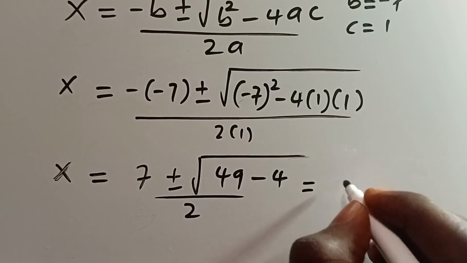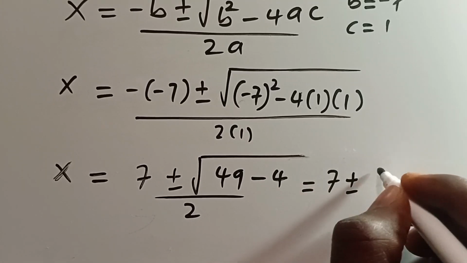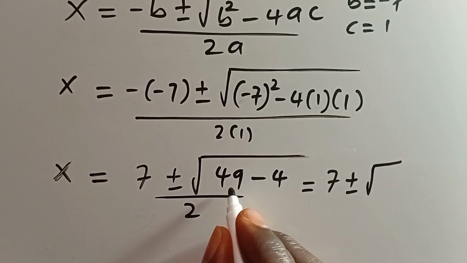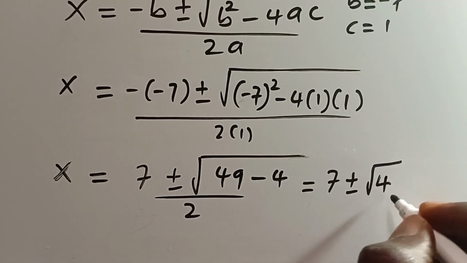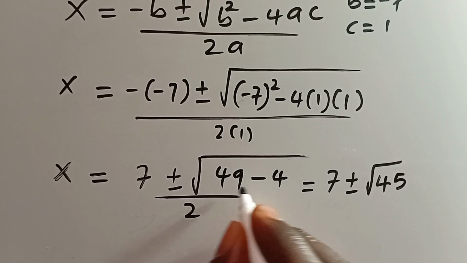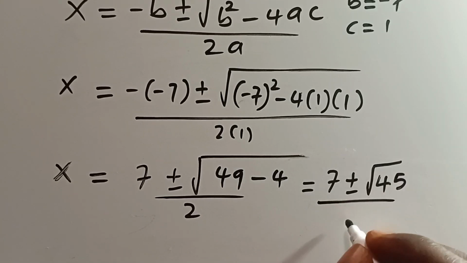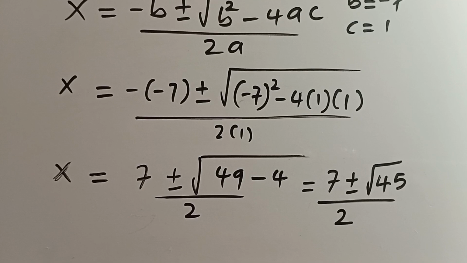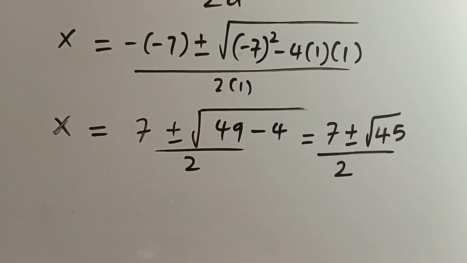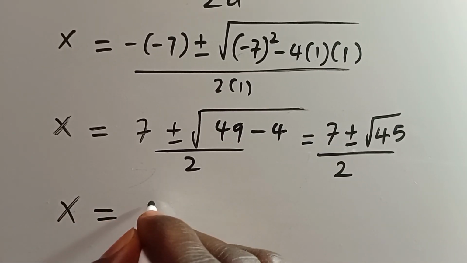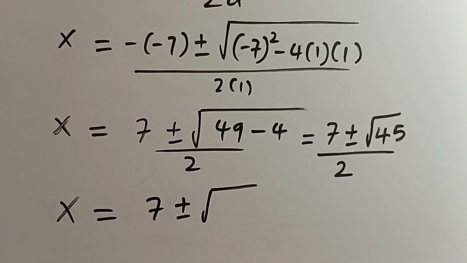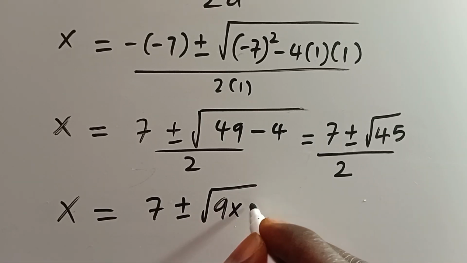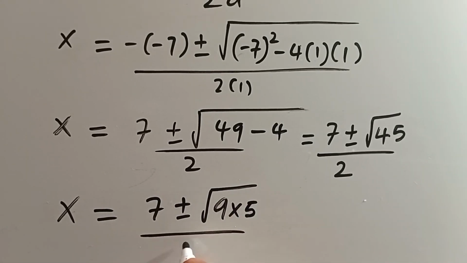So we can have this equals 7, positive or negative, root of 49 minus 4 will give us 45, divided by 2. So from here we have x equals 7, positive or negative, root of 45, which we can write as 9 times 5, then divided by 2.